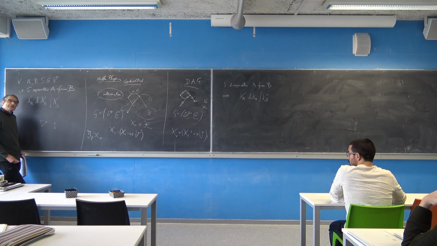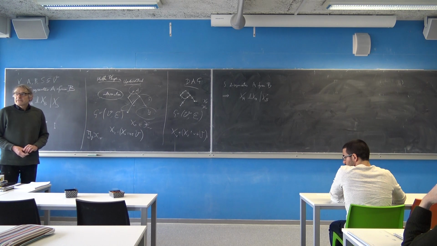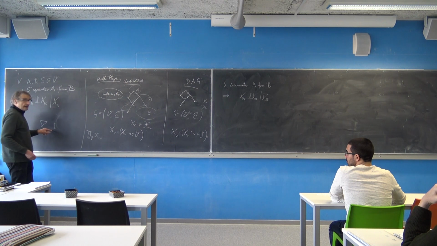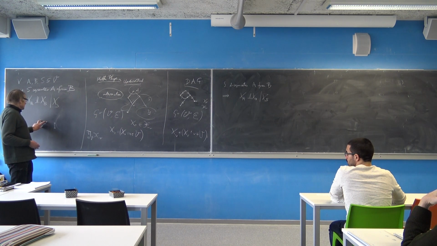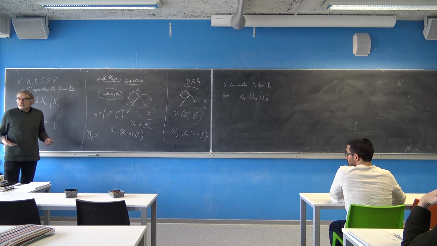Is that clear? What does it mean that you can have everything you like? Well, this subgraph is complete, and this subgraph is complete too. The three of the triangle can have any joint probability distribution whatsoever on the product of the three spaces.